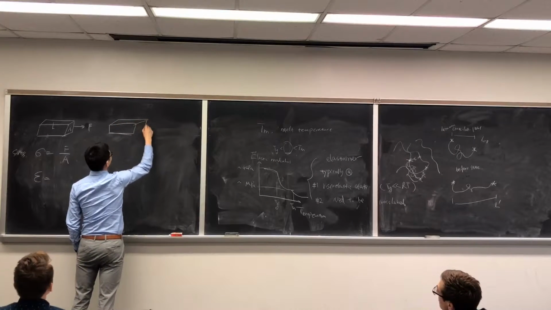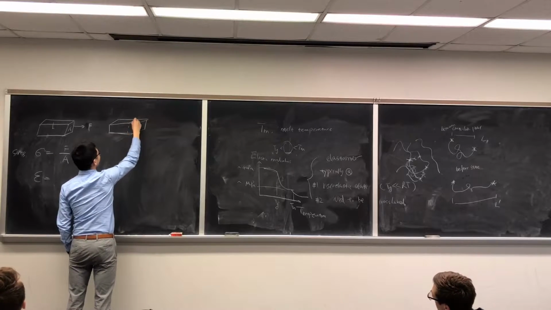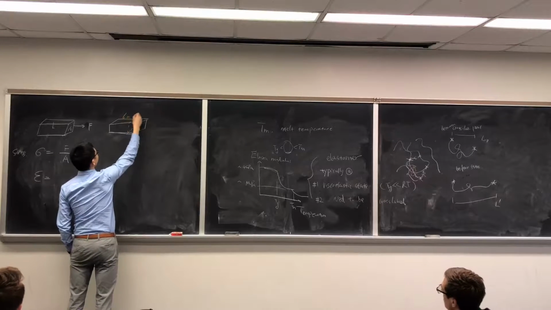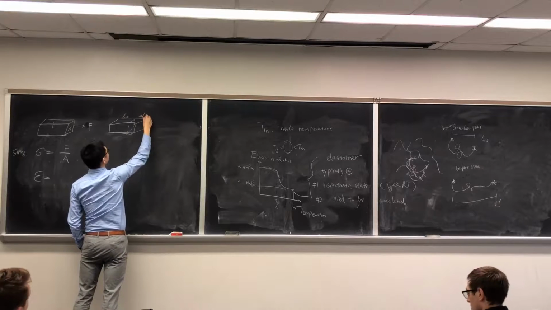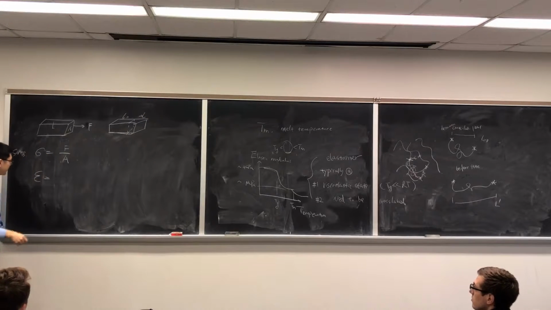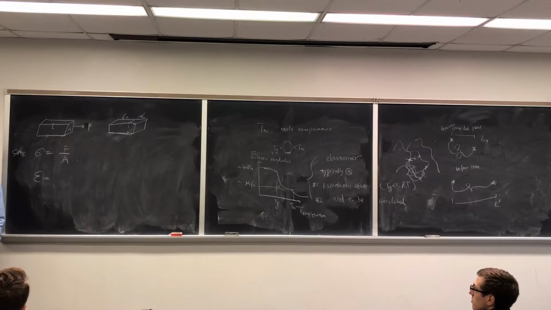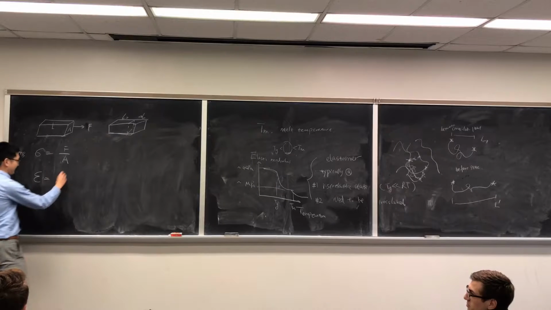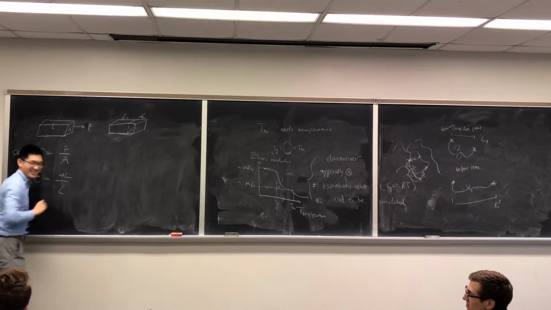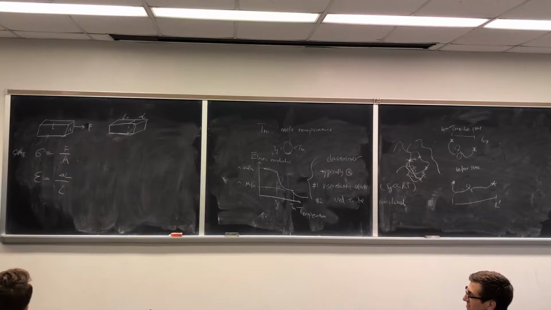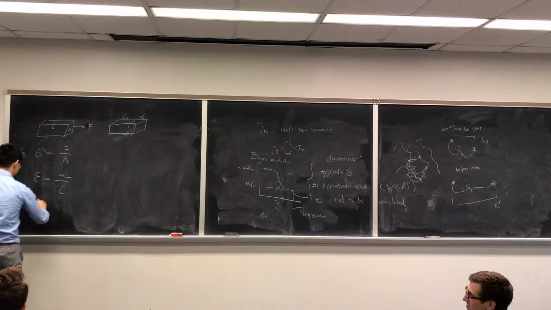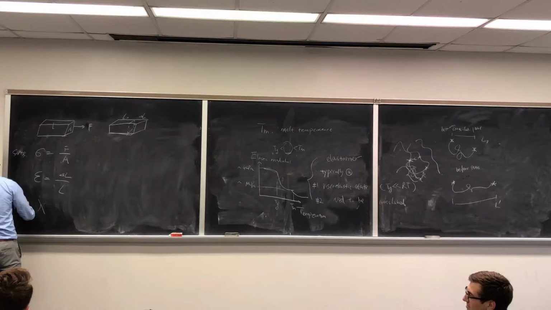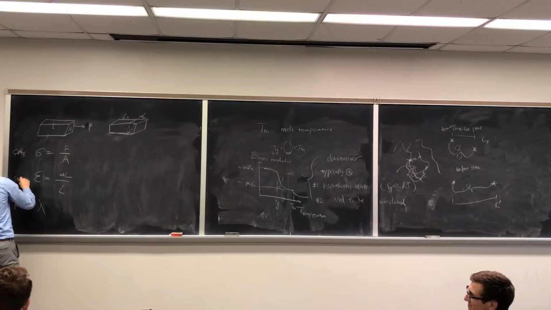Good. So now, if we have original L naught, and now we have a deformation of delta L, the strain is delta L over L naught, times the modulus. Nope, that's a strain, right? Stress we already have. How about the Poisson ratio?